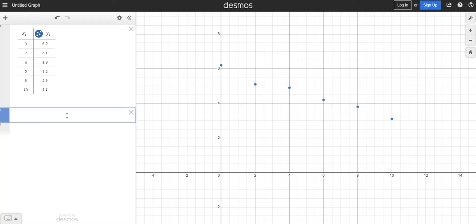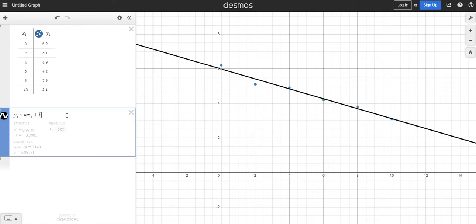We'll do our linear model, y1 tilde mx1 plus b. And there we go. All right, so first of all, visually I can see that the line is pretty close to the data points. R squared is 0.97, that's pretty good. Reasonable model. I'm going to keep 2 decimal points, I think. So I'm going to call my slope negative 0.29.